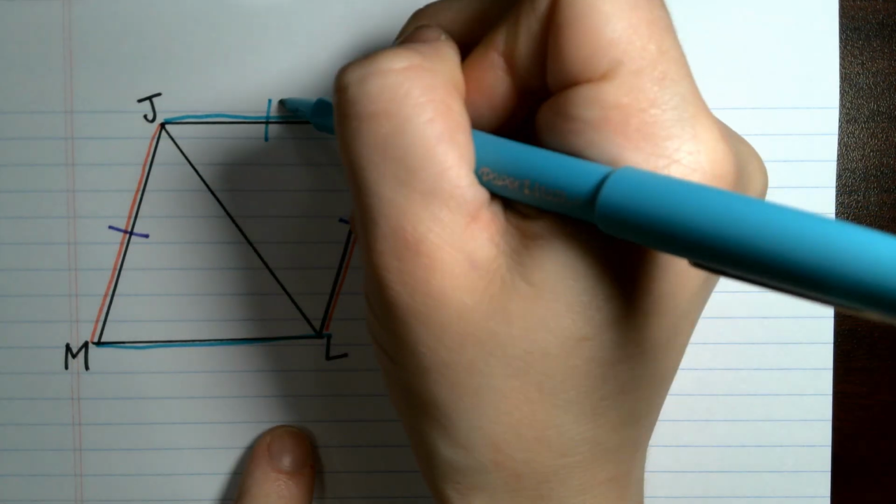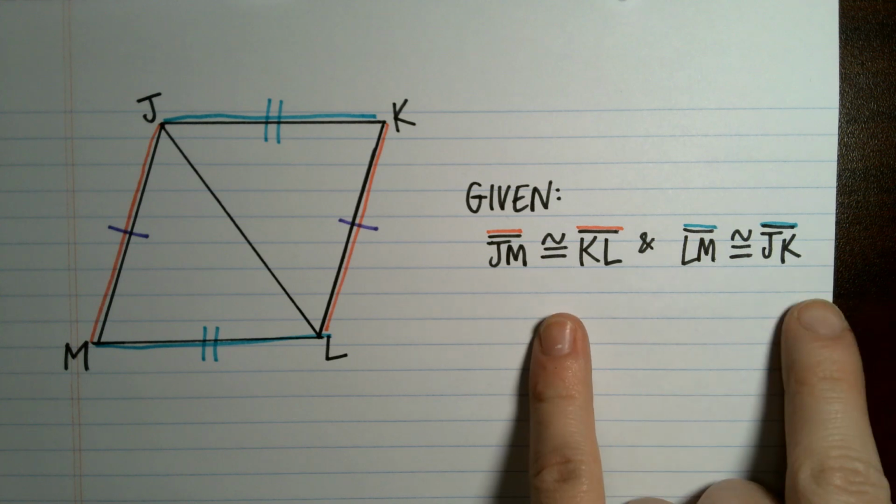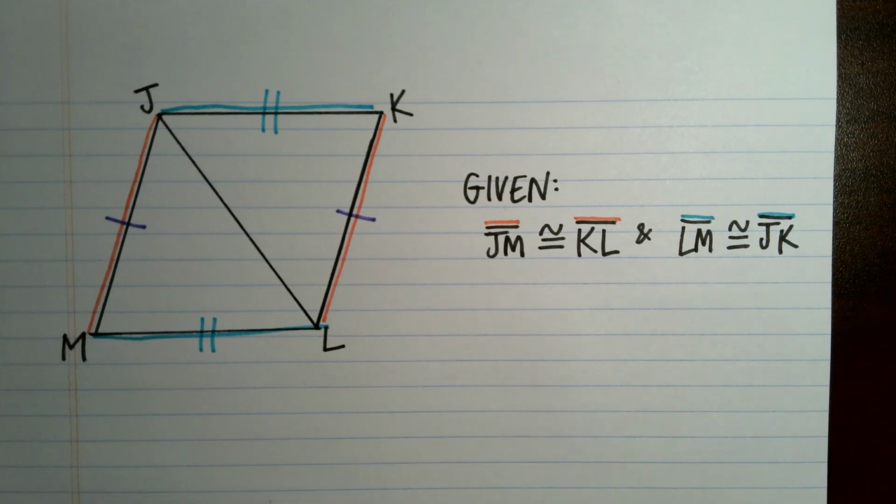We'll do two tick marks. Those are congruent. So we're given those two pieces of information.